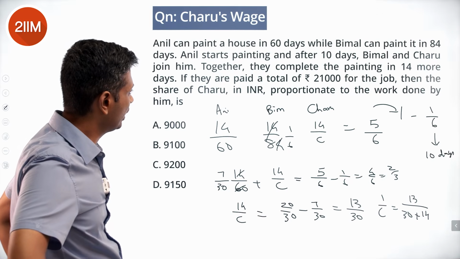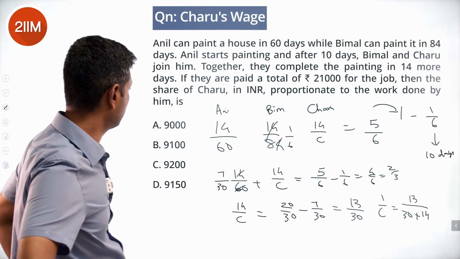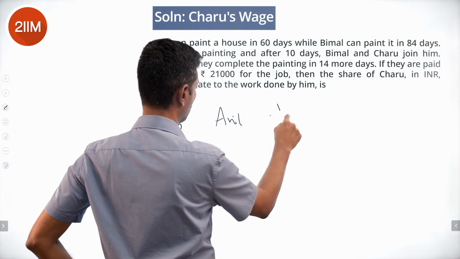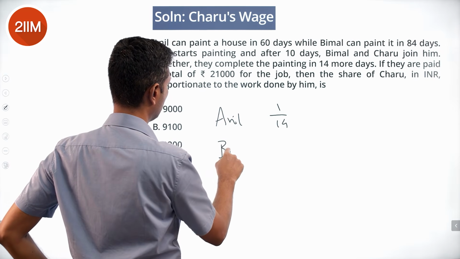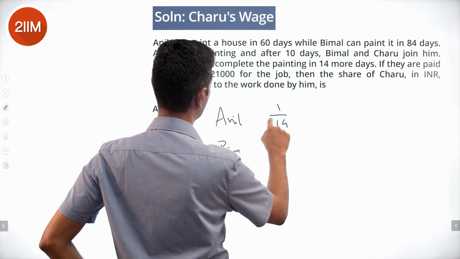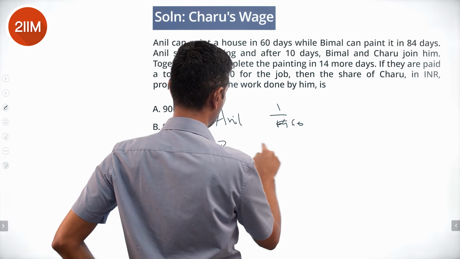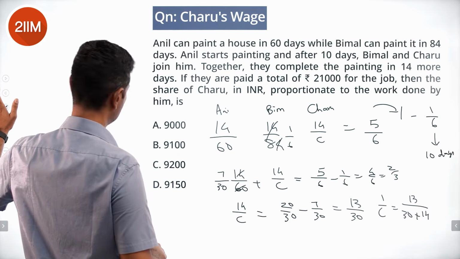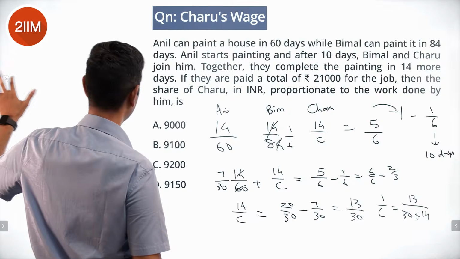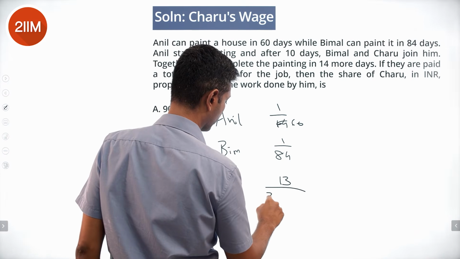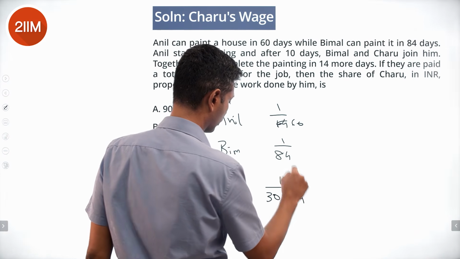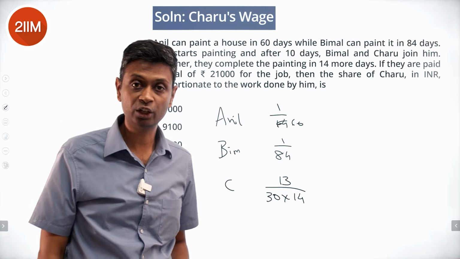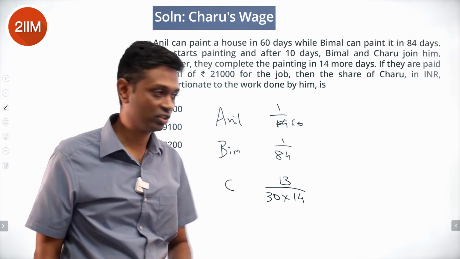With the share of Charu in INR proportionate to the work done by him. Nice. So Anil in 1 day does 1 by 60, Bimal does 1 by 84, Charu does 13 by 30 into 14. The other way of thinking about this: Charu does 13 by 30 into 14 per day and works for 14 days.